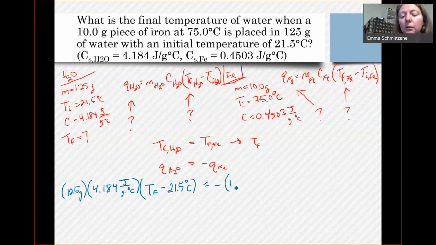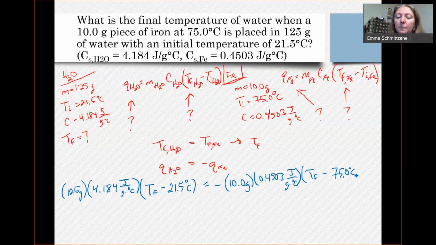The mass of iron, 10 grams, times the heat capacity, 0.4503 joules per gram degrees C, and times TF, which we don't know, minus the TI, which is 75.0 degrees C. Now we have one equation, and there's one unknown. Okay, our one unknown is TF. All we need to do is get those TFs on one side of the equation and solve for the TF.